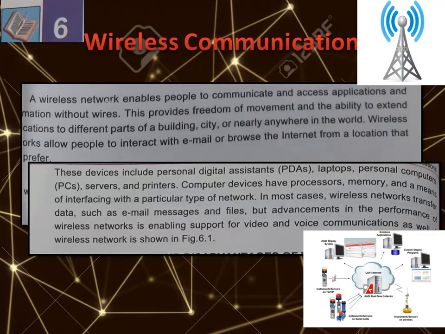These devices include personal digital assistants, PDAs, laptops, personal computers, PCs, servers, and printers. Computer devices have a processor, memory, and a means of interfacing with a particular type of network. In most cases, wireless networks transfer data such as email messages and files, but advancement in the performance of wireless networks is enabling support for video and voice communication as well.